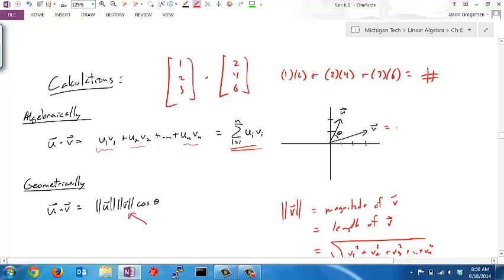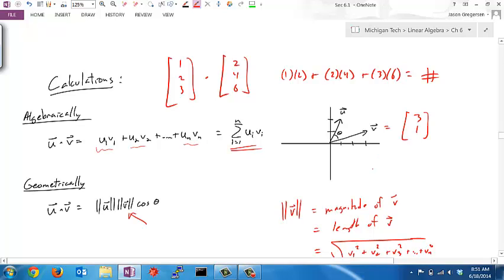So this vector v is the vector 3, 1, and I want to find its length. I use Pythagoras here. I say this squared plus this squared should be this squared. So I take 3 squared, add 1 squared. That's the sum of the squares, which should give me this length squared. So this length is the square root of 3 squared plus 1 squared.